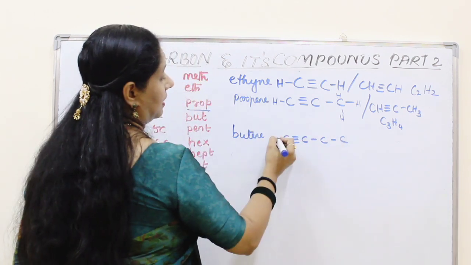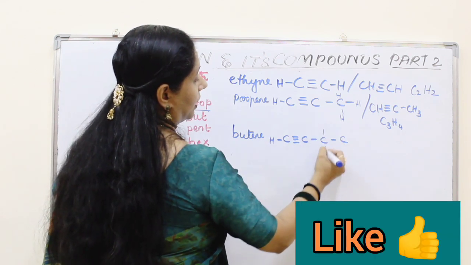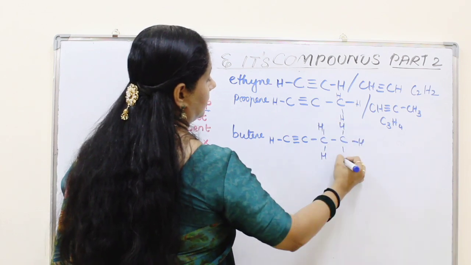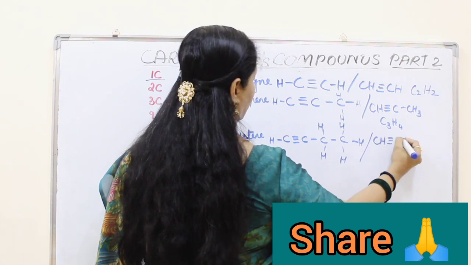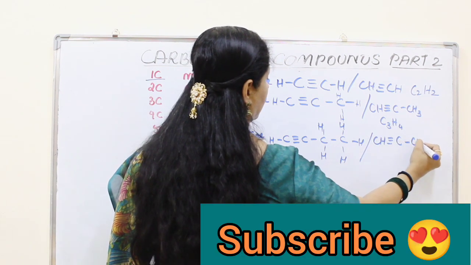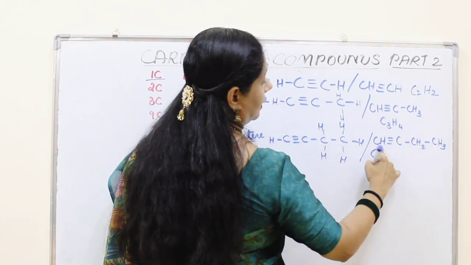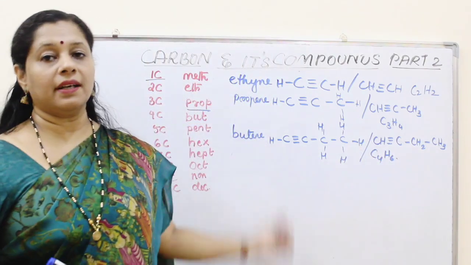Here I am making triple. So 1 more is required. Here nothing is required. Here 2 more required. Here 3 more. So what is the condensed formula? CH triple bond C single bond CH2 single bond CH3. C4H6. So the rest you can try out.